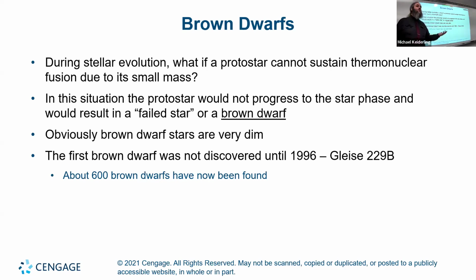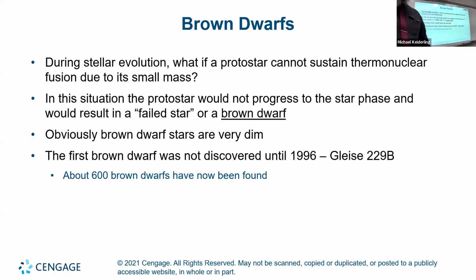You get a failed star or a brown dwarf. So brown dwarf stars are very dim. They're sort of the stage in between planets and stars. There's a technical definition about what makes it a planet and what makes it a brown dwarf. Brown dwarfs can have certain types of fusion, but not actual hydrogen fusion.